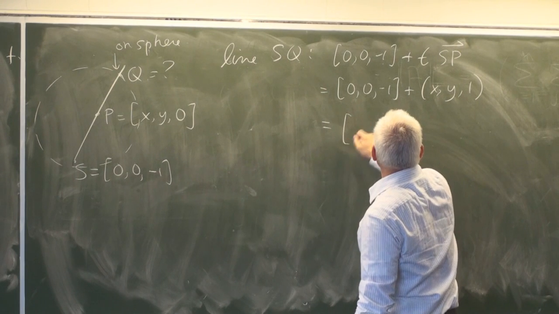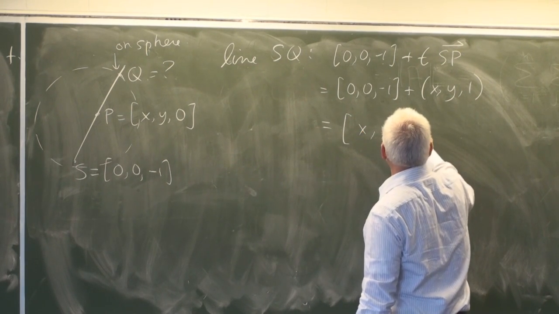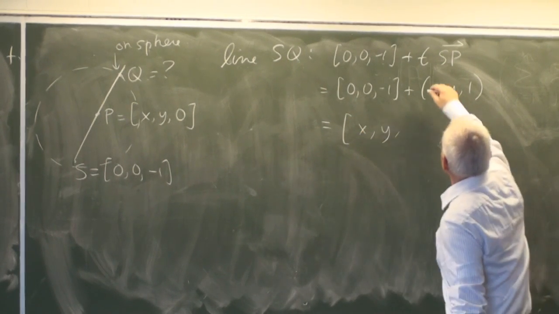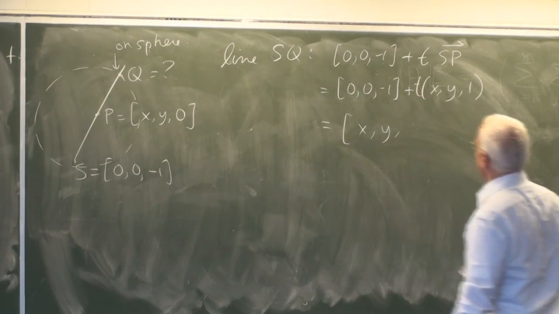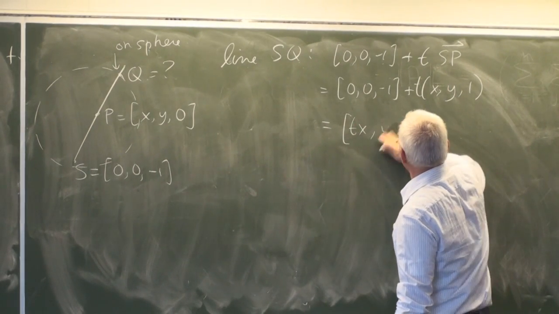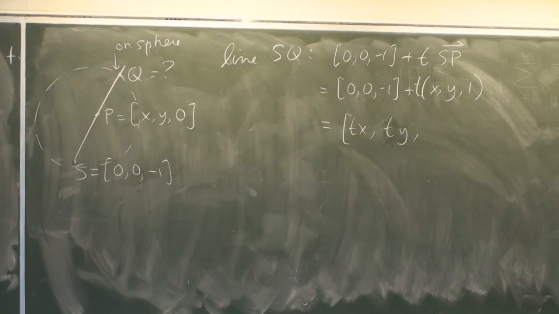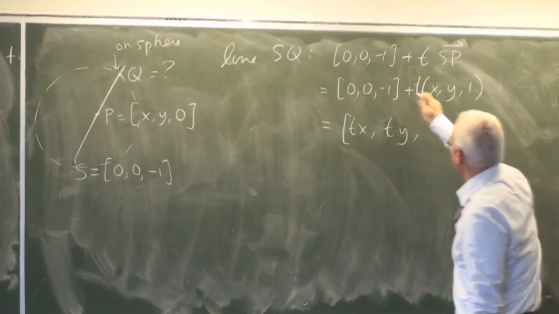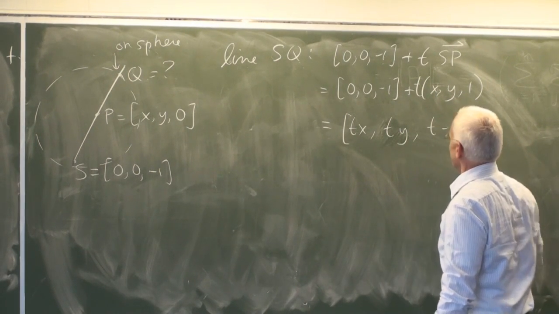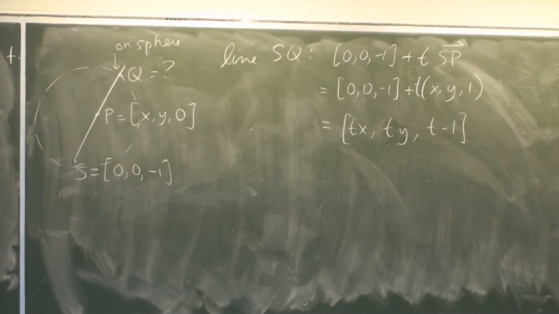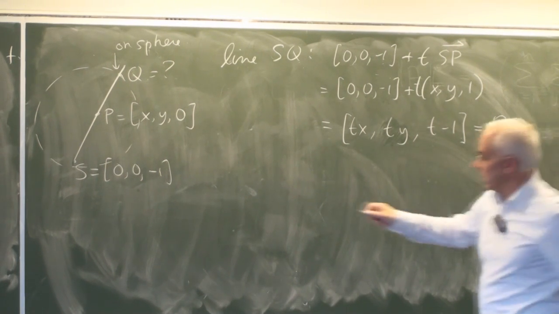Okay? So if I take this point now and I add this vector to it, then I'm going to get the point x, y, t is still needs to be there. There's t, so we again have tx, ty, and the third coordinate, t times 1 minus 1, so t minus 1. That's going to be our point Q. But we have to choose t so that Q is actually on the sphere.